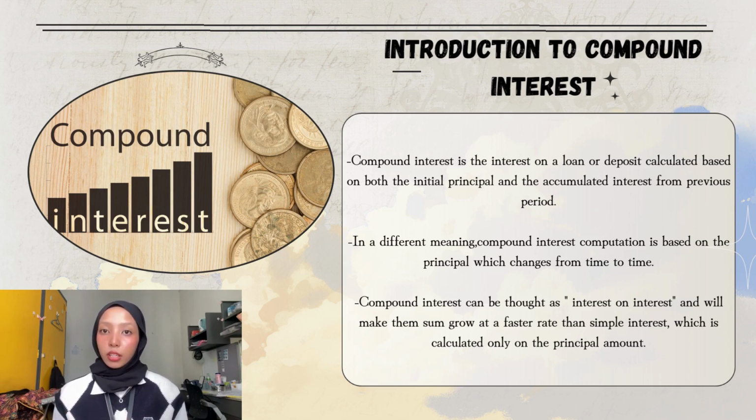In a different meaning, compound interest computation is based on a principle which changes from time to time. Compound interest can be thought of as interest on interest and will make the sum grow at a faster rate than simple interest, which is calculated only on the principal amount.